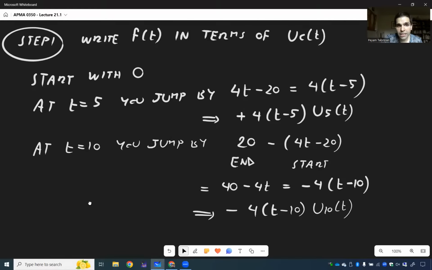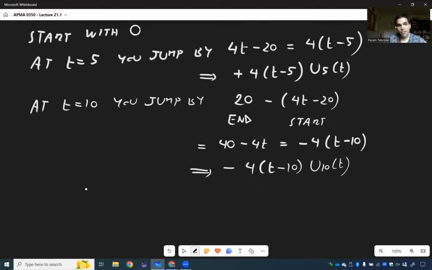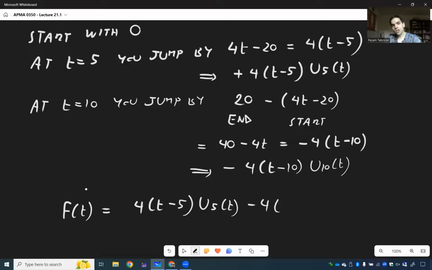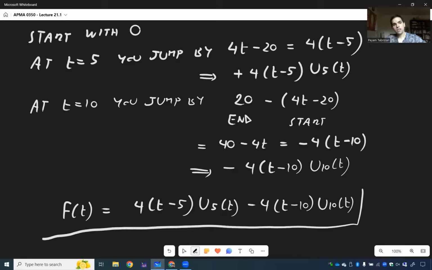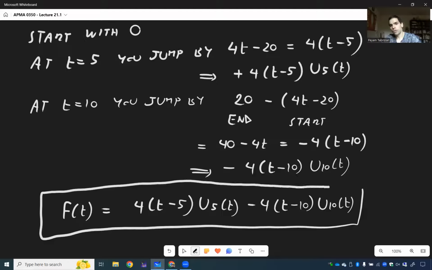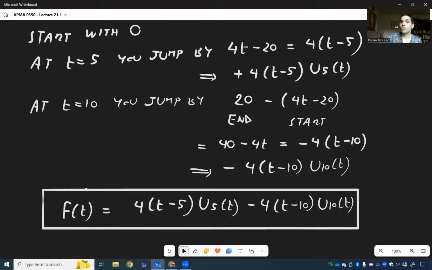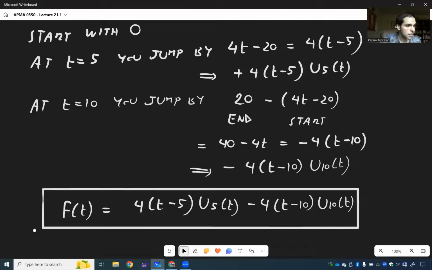And so in the end, what is your function? F of t, again, you start at 0, so technically 0 plus 4(t minus 5) u5 of t, and then minus 4(t minus 10) u10 of t. Very good. And if you want, you can even check that the piecewise definition holds.